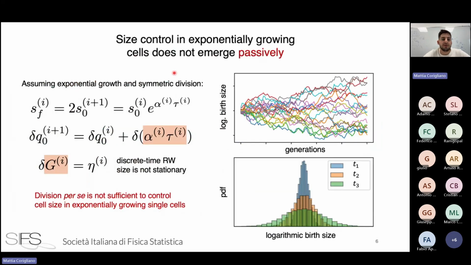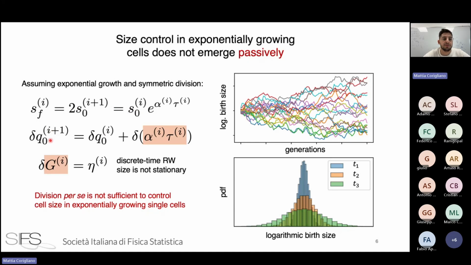So within this phenomenological framework, we can immediately realize that the question, at least for exponentially growing cells, is not a trivial question, because one immediately realizes that as soon as fluctuations are allowed in either the growth rate or division time, these fluctuations, if they are just random noise, will add up to make this trajectory diverge. And we can see this, for example, writing the exponential law of growth, stating that the final size is the initial size times an exponential.